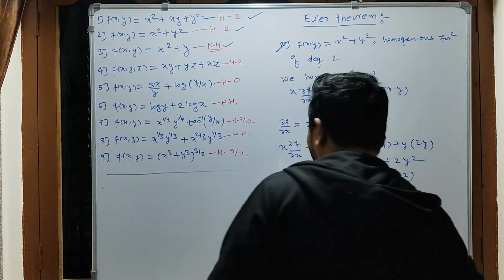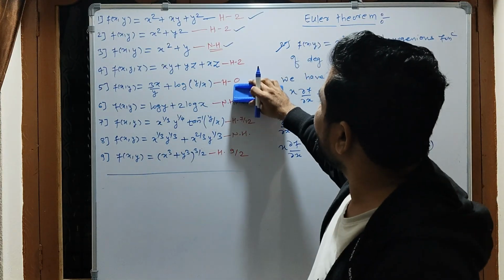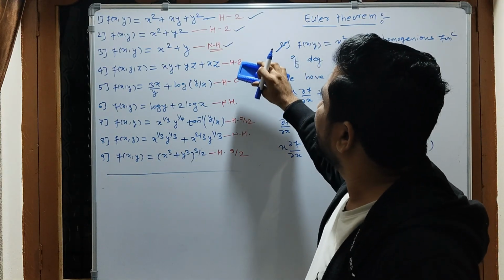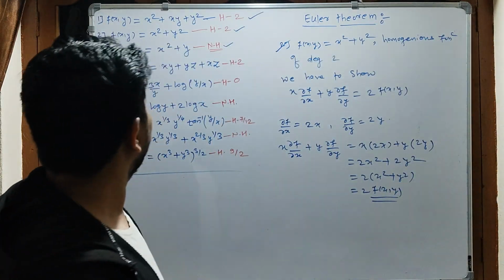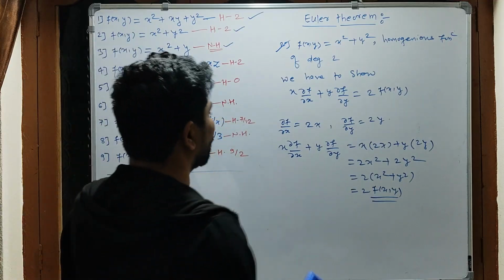Now check example 4. Let's say I want to verify the Euler theorem for f of x comma y comma z.